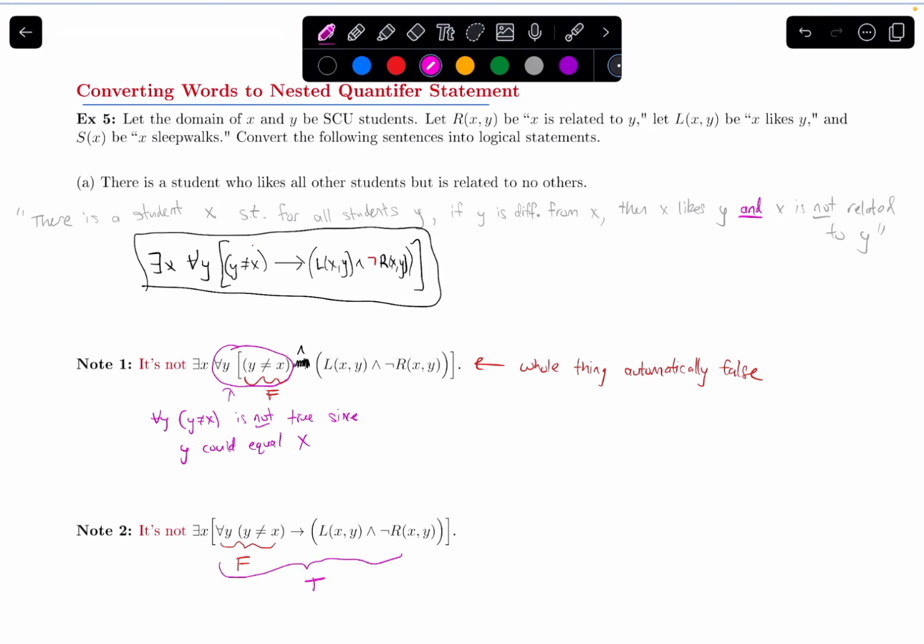So that part is automatically true, and that makes this whole statement automatically true. But that's not necessarily the case with this sentence. There very well could be situations where this is false. It's not necessarily automatically going to be true. All right.